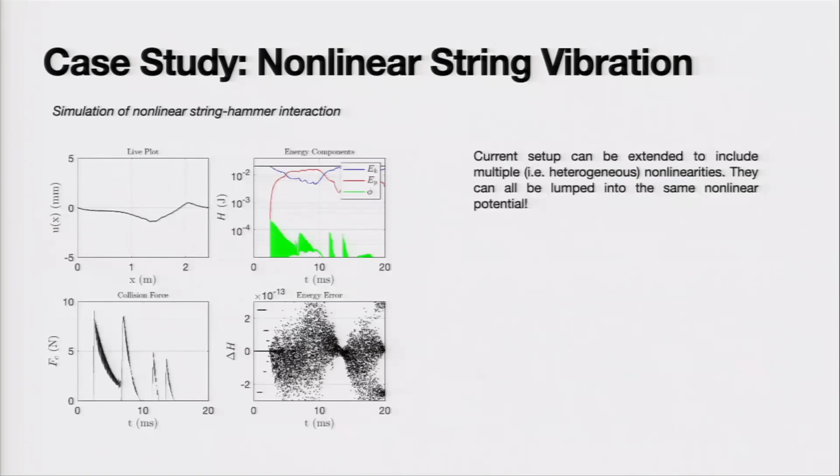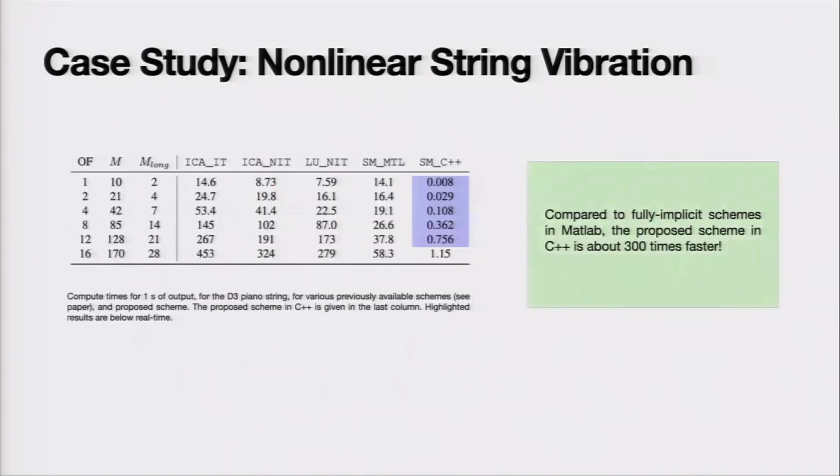So you can put a lot of different heterogeneous nonlinearities into the same scalar function, and you can do simulations of complicated systems where all the nonlinearities are lumped into one scalar function. Well, as I said before, we are about 300 times faster, so we can do real-time simulations of nonlinear strings for pianos now, which is great.